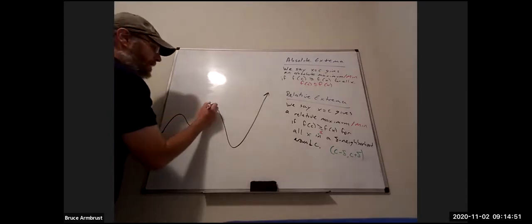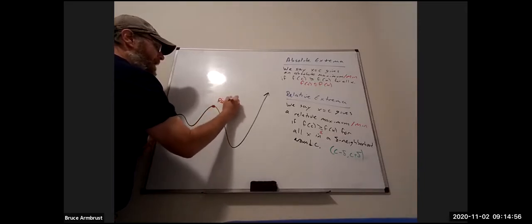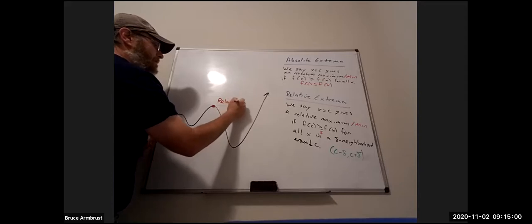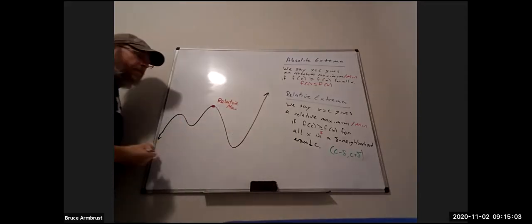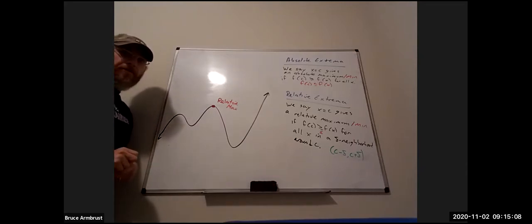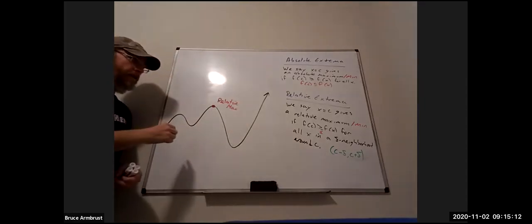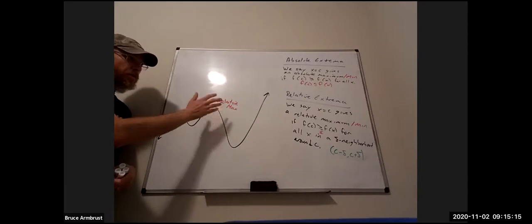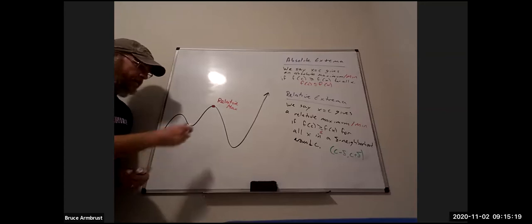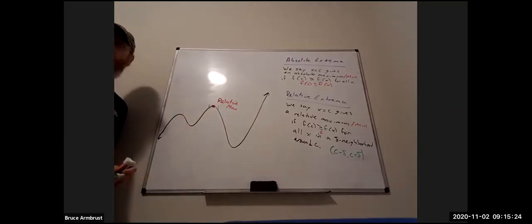So this point right here, this is a relative max. So it's not an absolute max because there are values that are bigger than it, but it's a local or relative max because locally, if you were to look just right around it, it is the highest point.